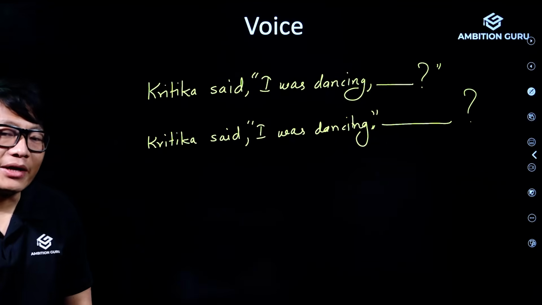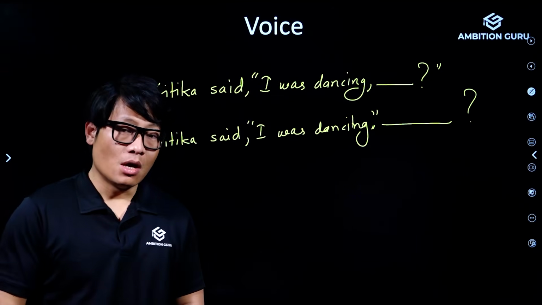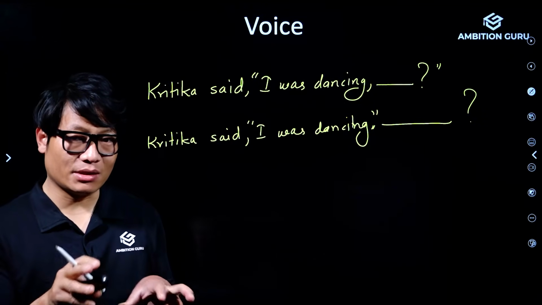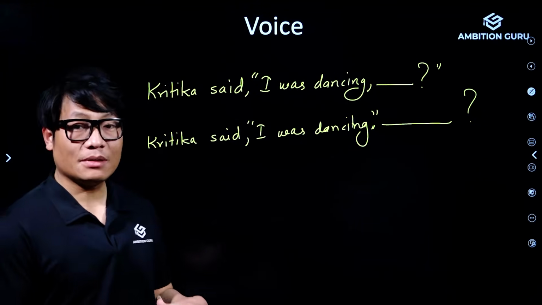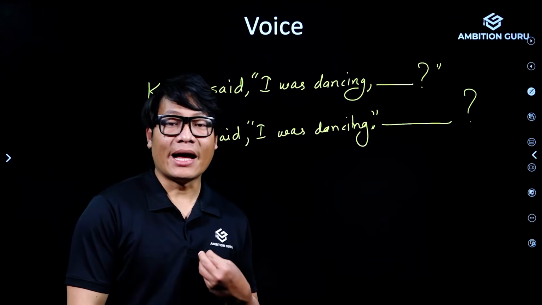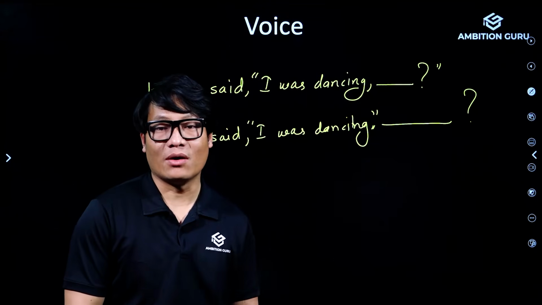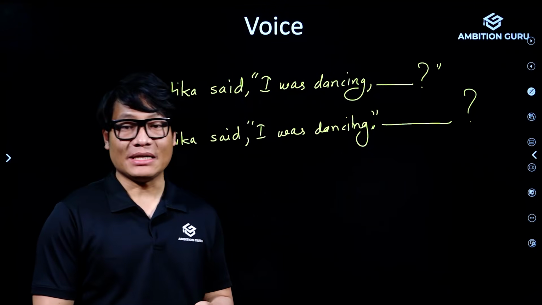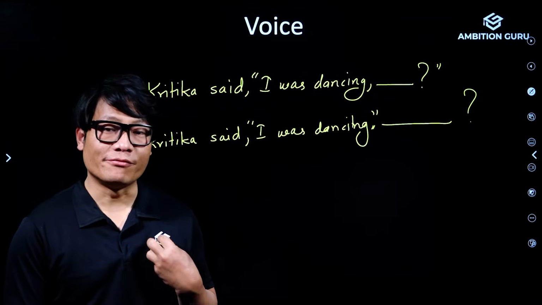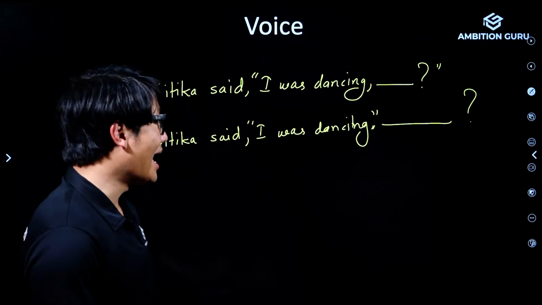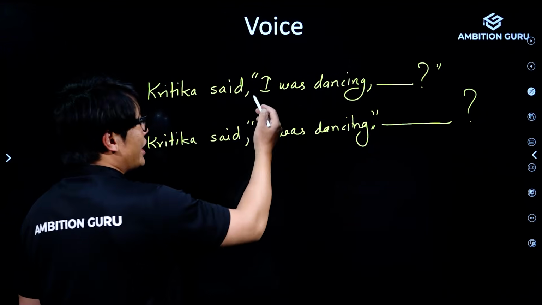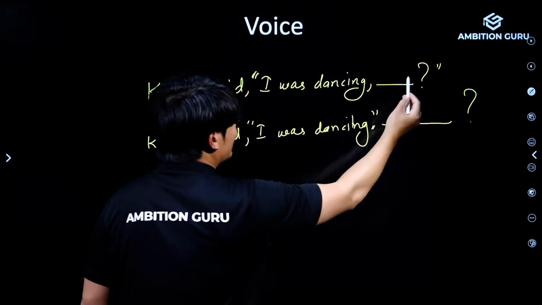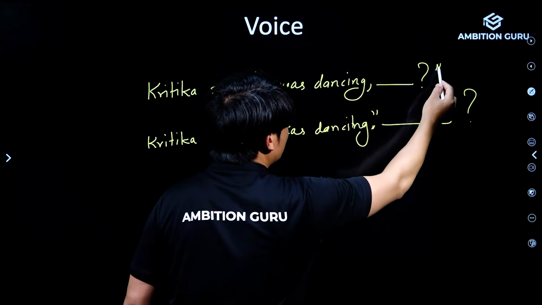Now, what's the tag question between them? First of all, you need to understand the difference between them. Wow, I can see the answer. That's beautiful. That means you have understood very well. If you check the first sentence, you can see I was dancing, question mark, and here are inverted commas.